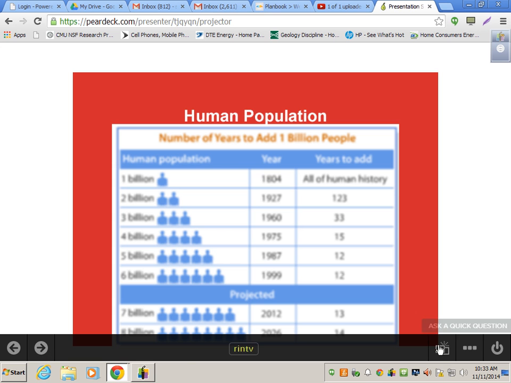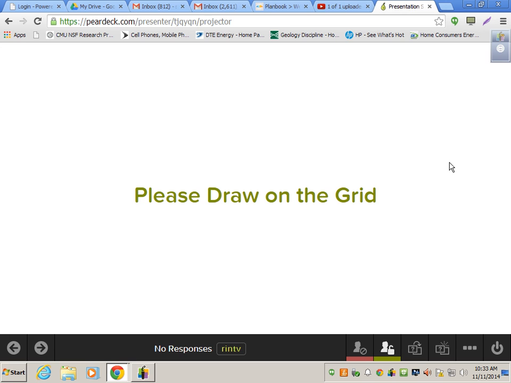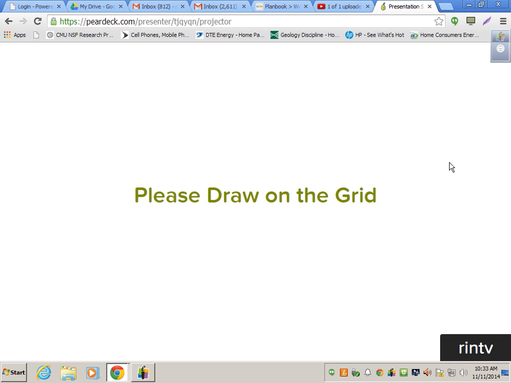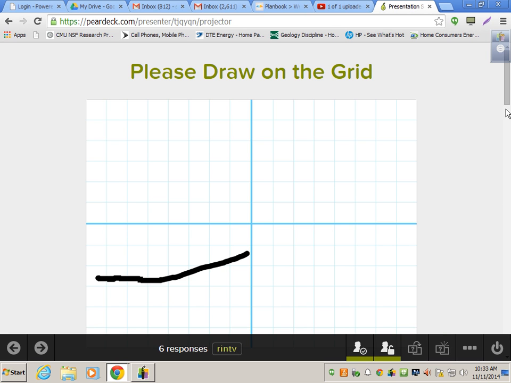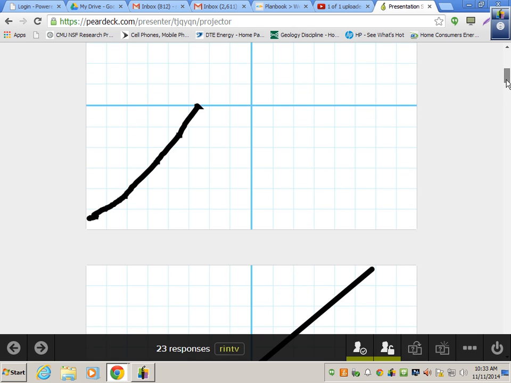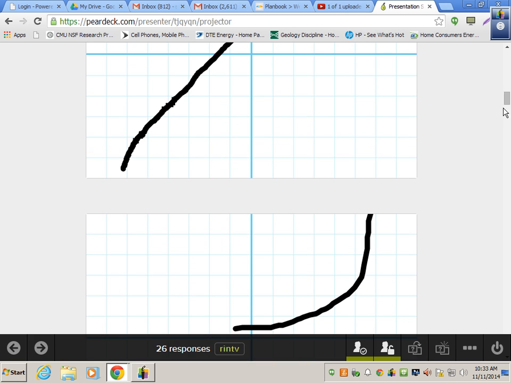If I asked you, though, to draw the human population growth on a curved graph, what would you show me? We started off at negative. How'd we do that? I'm just kidding. I got it. That's good right there.